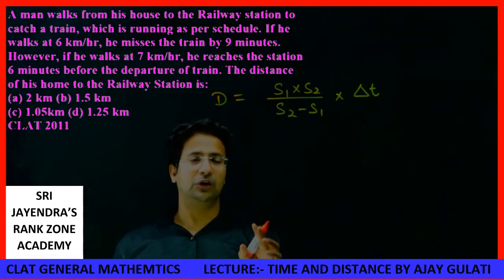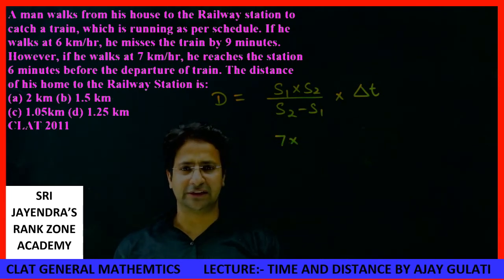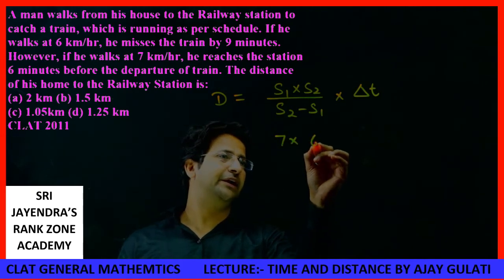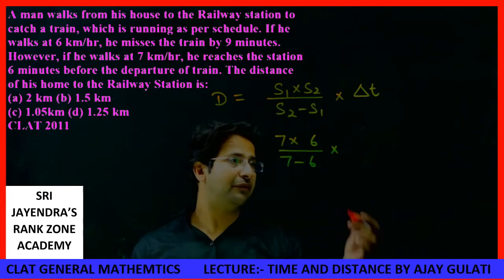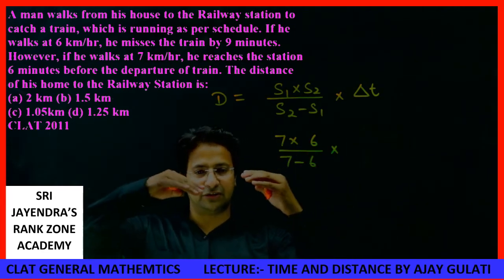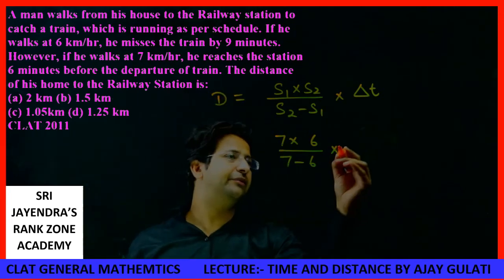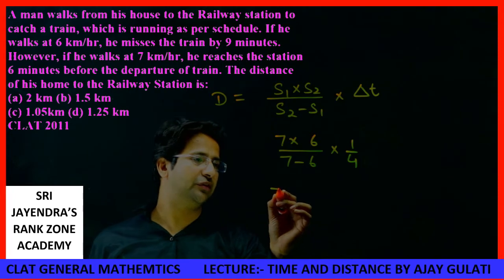So here speed 1 was 6, speed 2 was 7. Speed 1 into speed 2 divided by 7 minus 6, into the time difference. The time difference was 15 minutes: 9 minutes late and 6 minutes early. So this difference is 15 minutes, or I can say 1 by 4 hour. You will directly get to this conclusion as we got earlier.